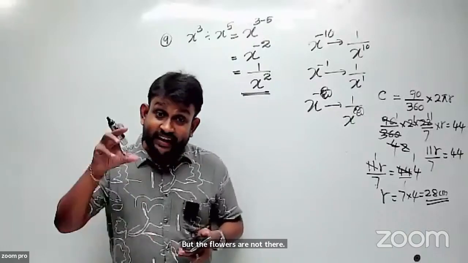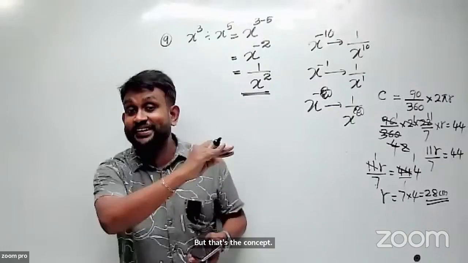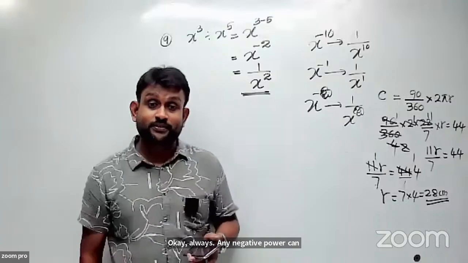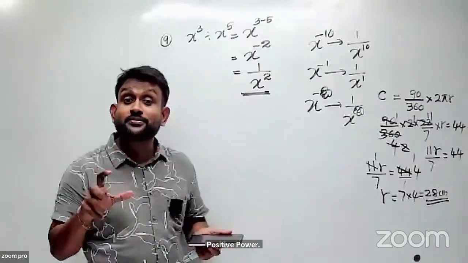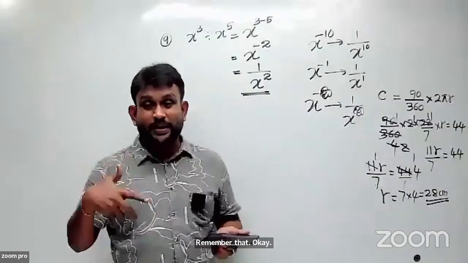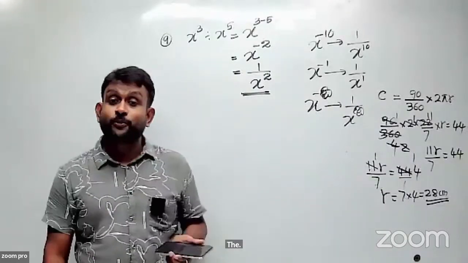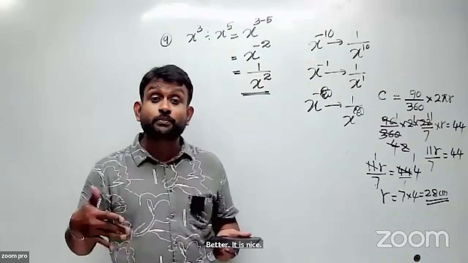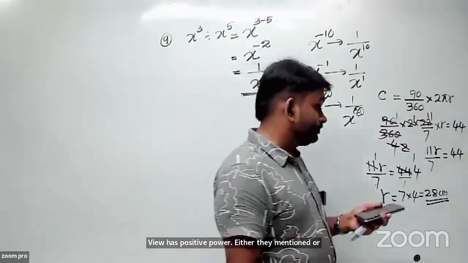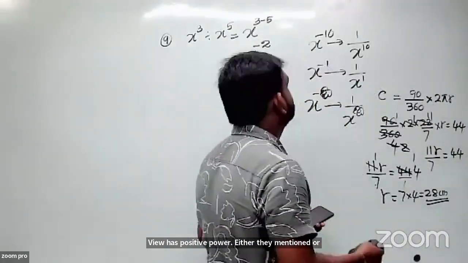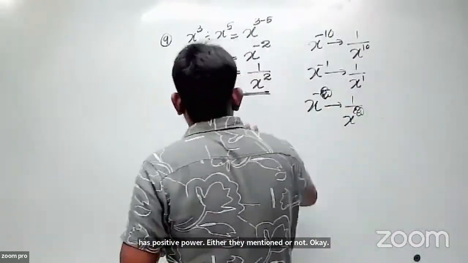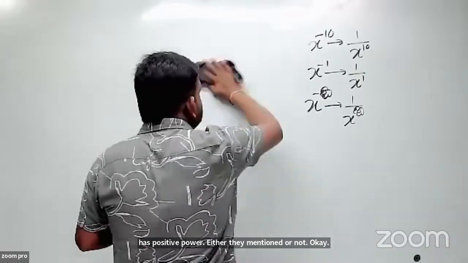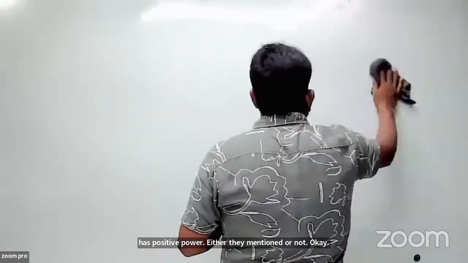Always, any negative power can be written as 1 upon positive power. Remember that. When you are giving answers, it is nice to give positive powers, whether they mention it or not. So the answer is 1 upon x to the power 2.